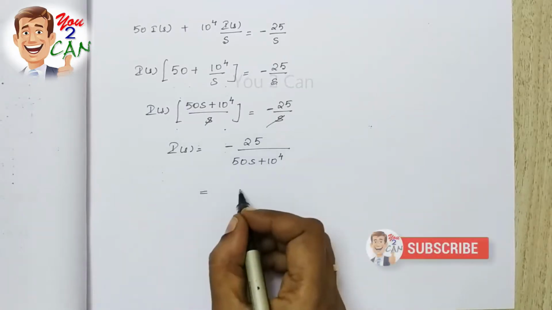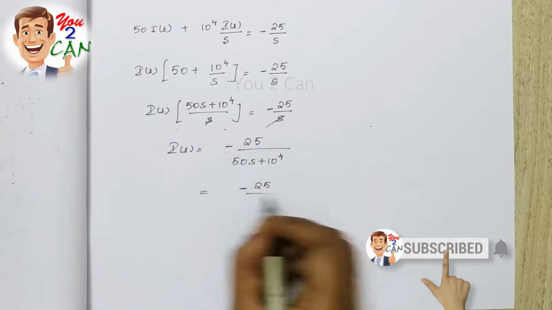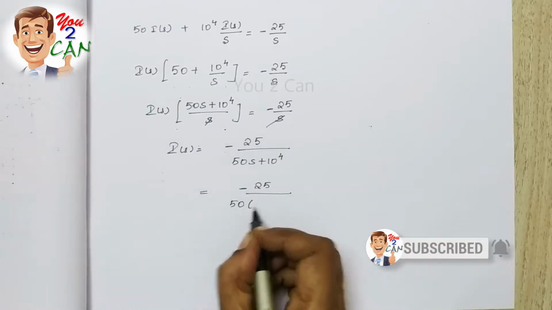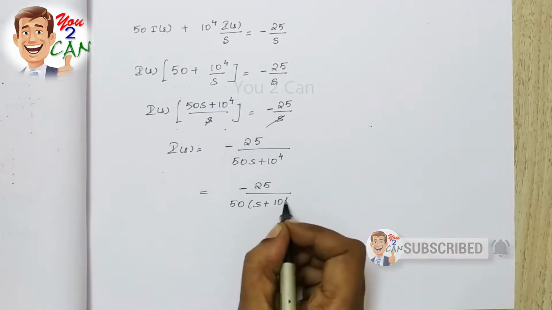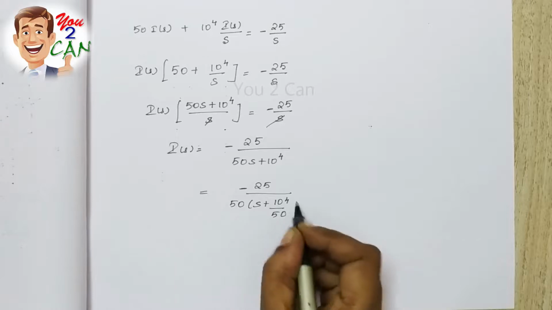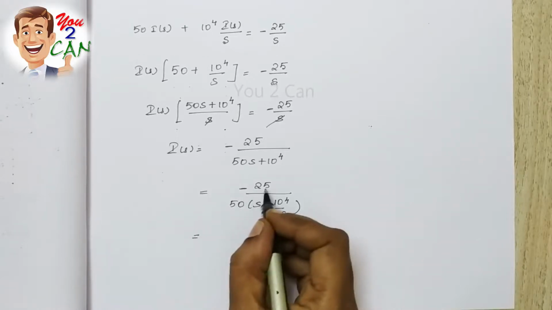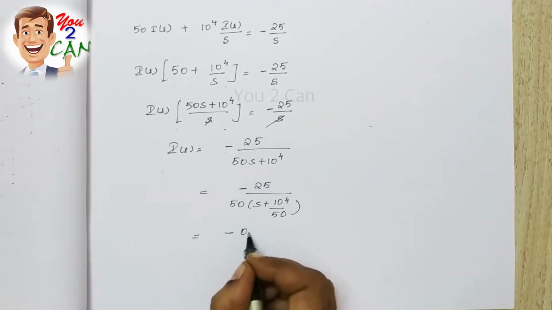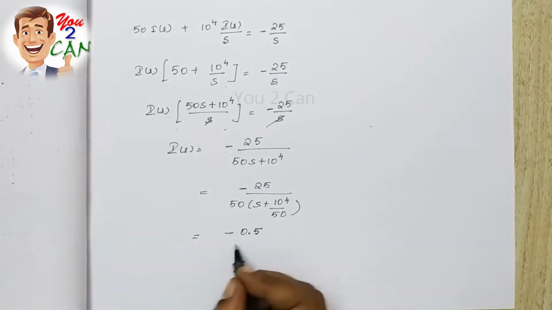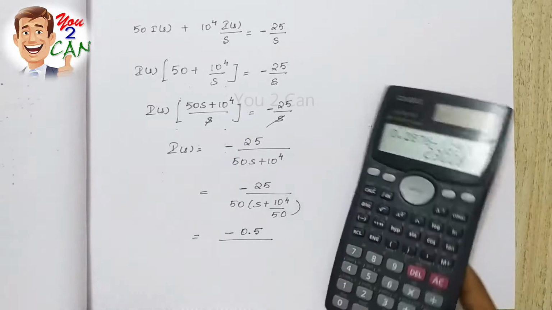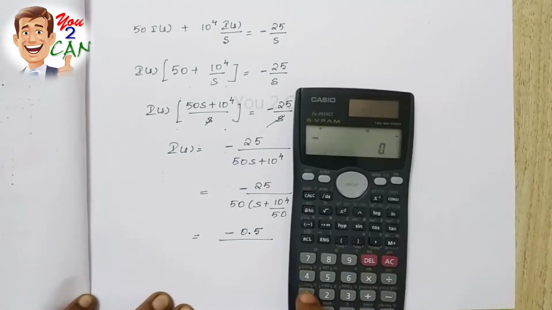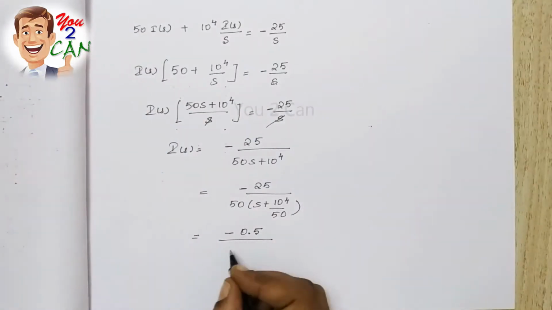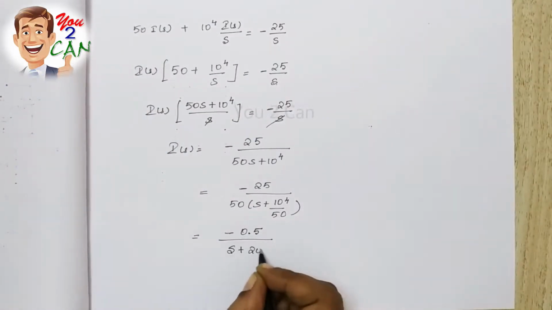That will be minus 25. Take this 50 outside: s plus 10 power 4 by 50. That will be minus 1 by 2, which is minus 0.5, divided by s plus 10 power 4 divided by 50, which is 200.